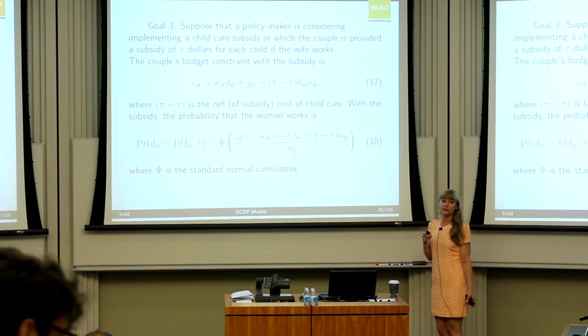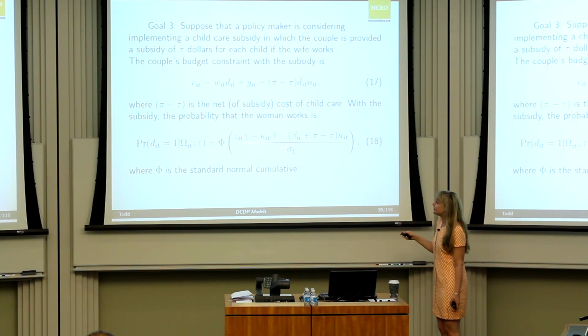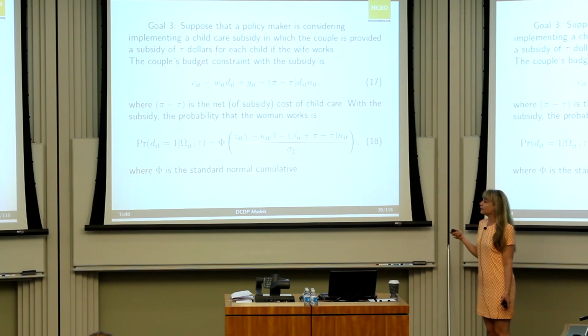But given one exclusion restriction, we have the sigma psi too, right? So if you have all these parameters, then you can actually estimate the probability that she works given this subsidy, for any value of the subsidy. So you could consider a whole range of hypothetical policies that the government might want to introduce, and you could predict the probability that women work for different amounts of the subsidy.